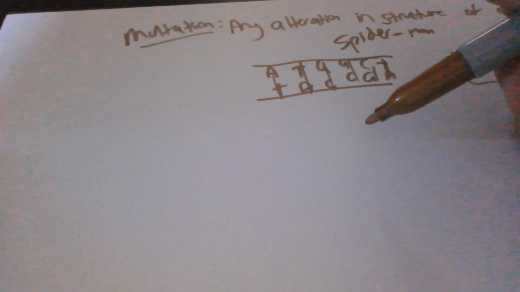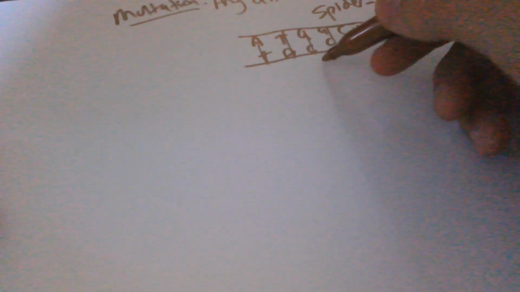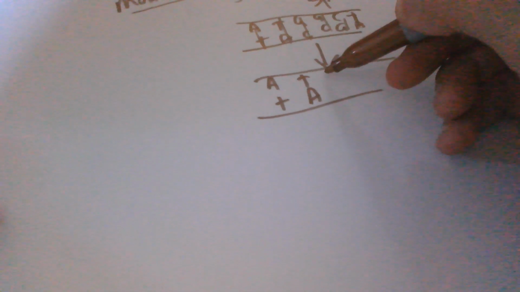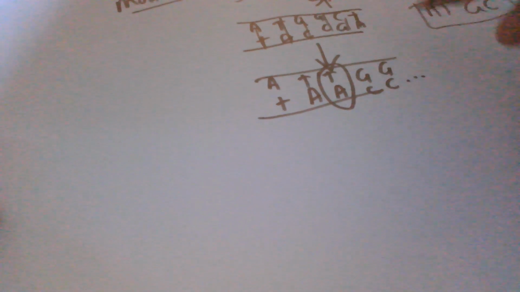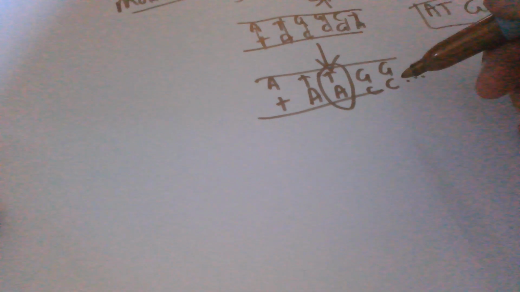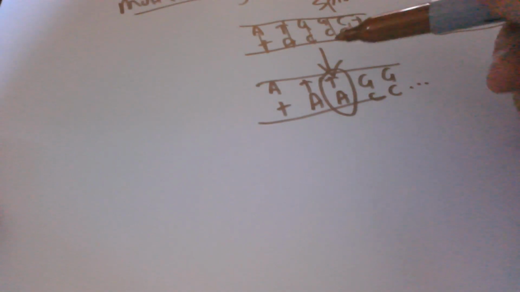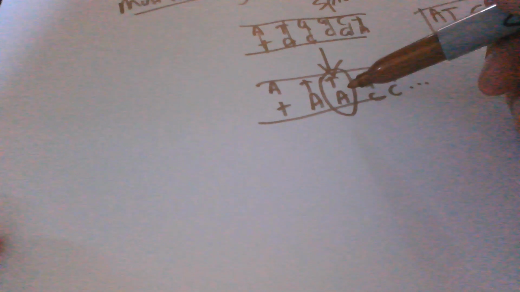Now, if you substitute something, if you substitute an extra base pair, so AT stays the same, TA stays the same, if you substitute in another TA, GC stays the same. In other words, a single nucleotide replaces another, and then it gets deleted somehow.